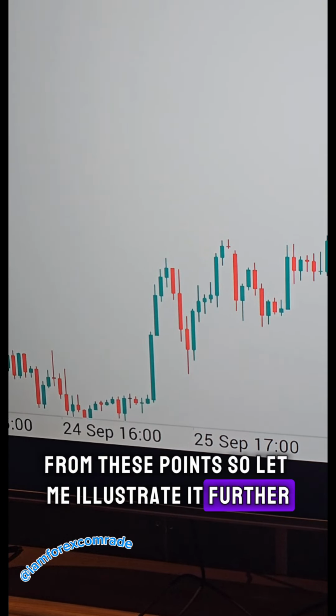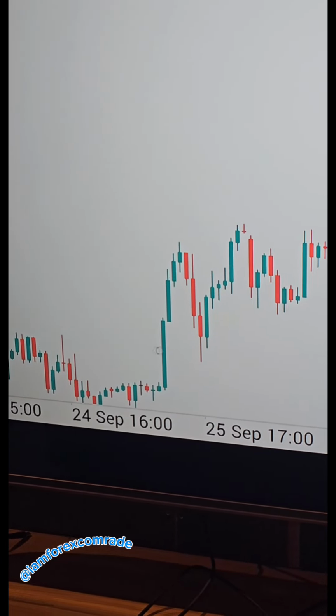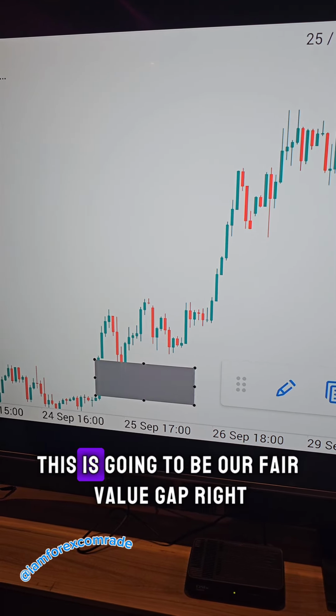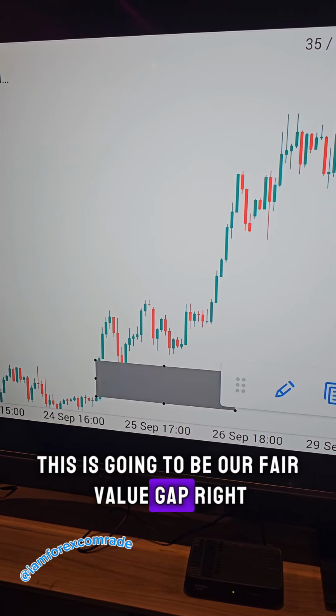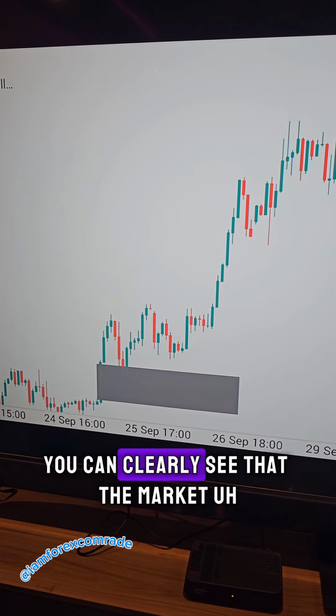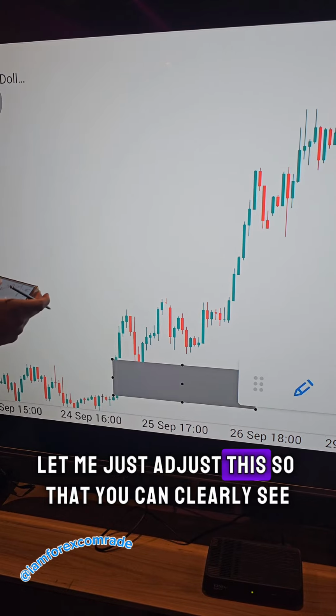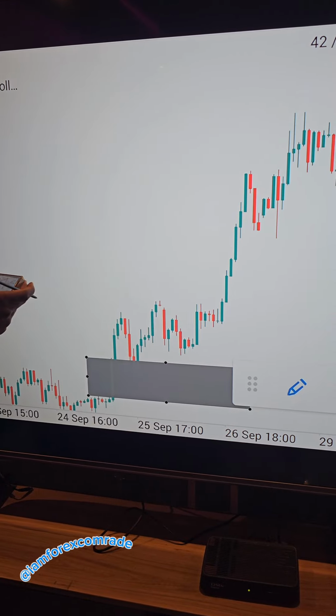So let me illustrate it further. As you can see, this is going to be our fair value gap. Let me just adjust this so that you can clearly see.